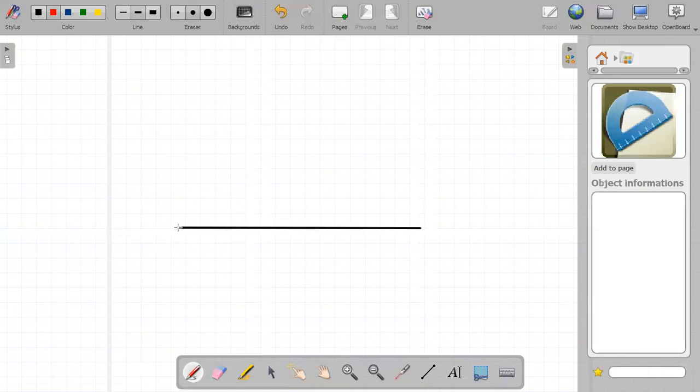Can you see this angle, Shinal? Yes, sir. Then I'll take the protractor. This is the angle. Then let's take the protractor.